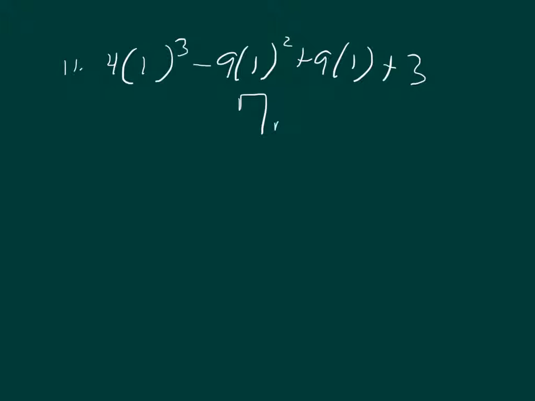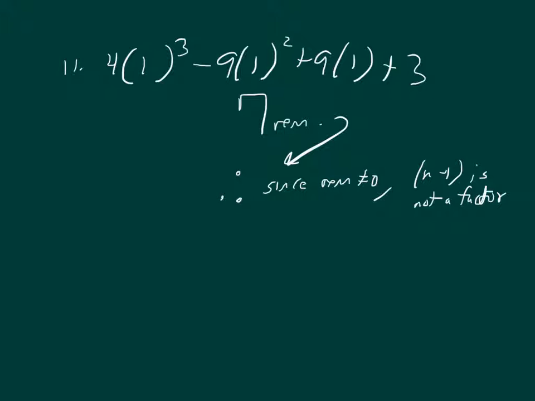And 7 is the remainder. So in this case, therefore, since the remainder doesn't equal 0, n minus 1 is not a factor. Okay? So you want to write something that sums up what you actually found out.